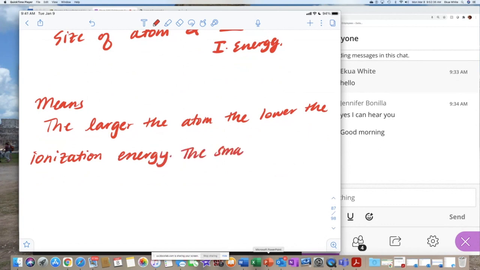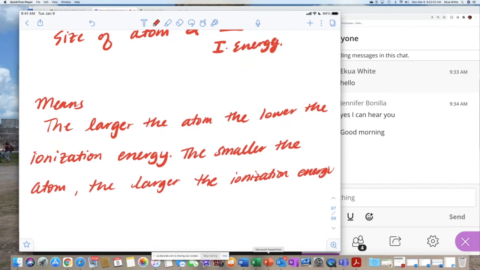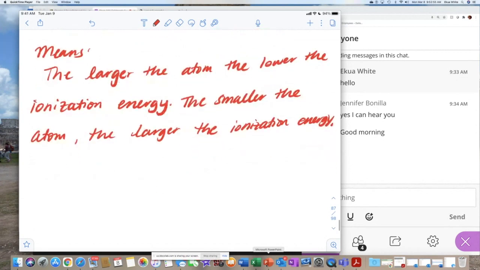The smaller the atom, the larger the ionization energy. Okay, this is the meaning or the implication. Okay, my handwriting is horrible this morning. But yeah, that's the implication. This is how it plays out when you're looking at the periodic table.